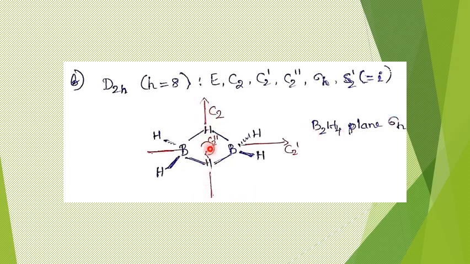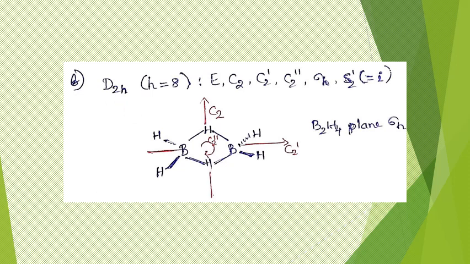If this is principal, the second axis is this, and the third axis is this. On that third axis, the molecule can be rotated in this way. It's a little difficult to understand the things here, but definitely when we see this in animation, it will be clear to you. And the total number of operations, if you list them, all these 8 operations are possible in case of this molecule. So therefore this B2H6 goes to the point group D2H.